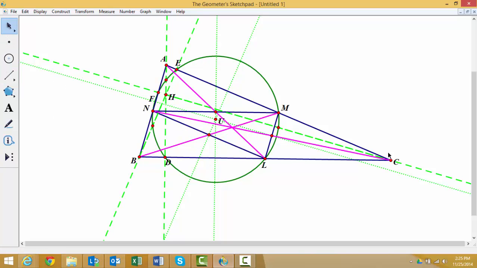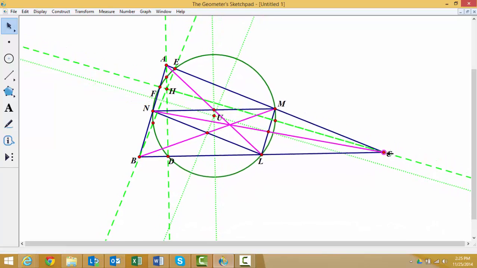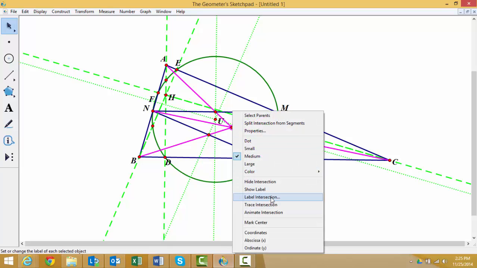Now when I move the triangle, you see that the three medians always intersect at a point. So let me take two of these medians and construct the intersection, and label it.